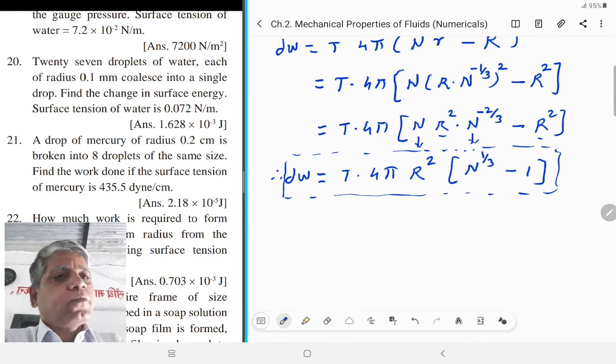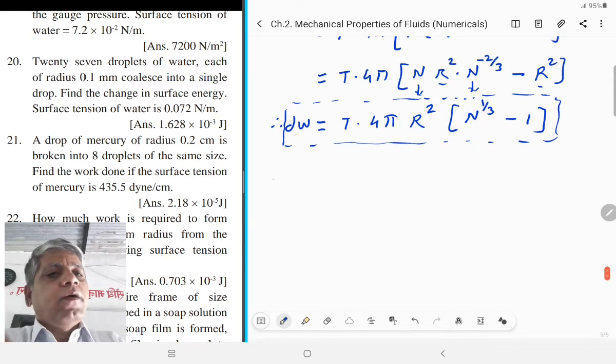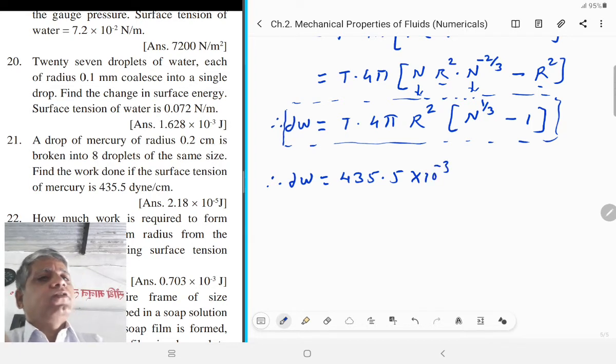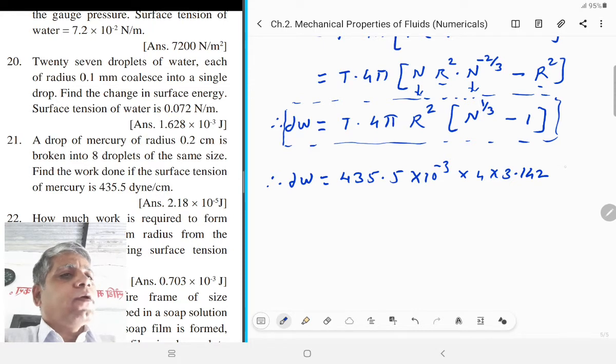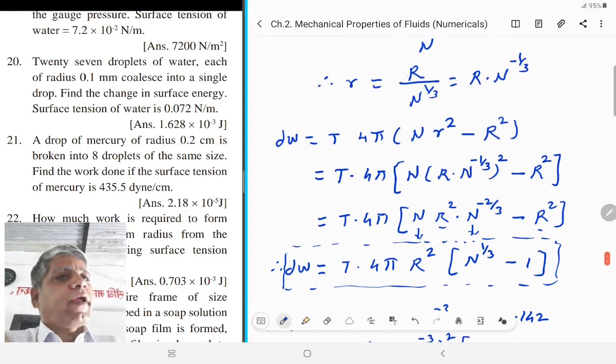Therefore substitute the value of capital R, surface tension, and n. Here we get work done is equal to 435.5 into 10 raised to minus 3. This is the surface tension, into 4 into 3.142 into value of R is 2 into 10 raised to minus 3 bracket square in rectangular bracket.